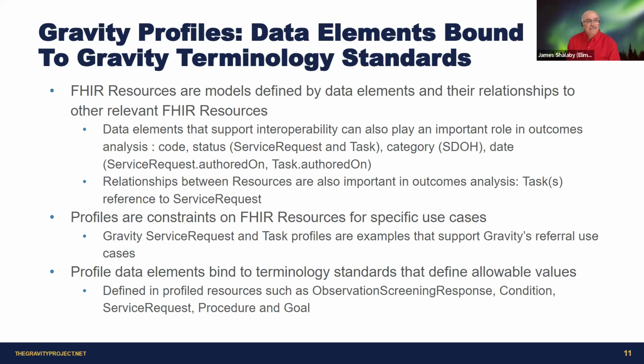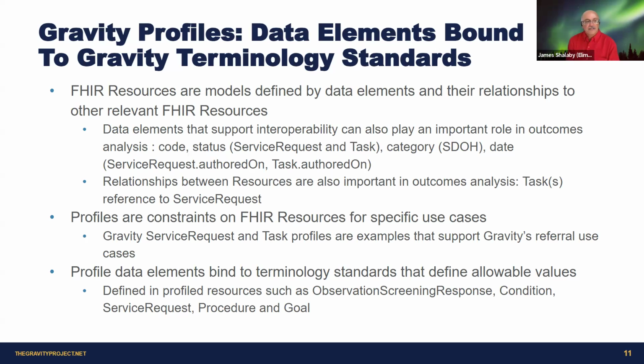They're really data elements that are collected and aggregated together to represent key resources. So the data elements include statuses, so status of a service request, which is a referral, a status of a task, which is an activity that supports response to a referral, the codes for what these services that are being requested are, the categories, the social determinant categories. Is this food insecurity? Is this housing insecurity?